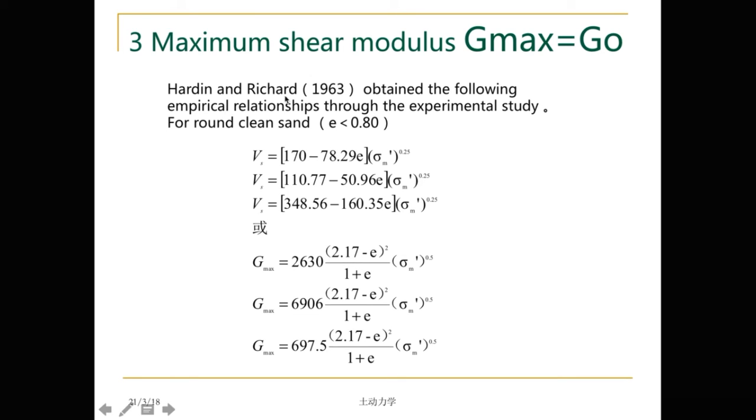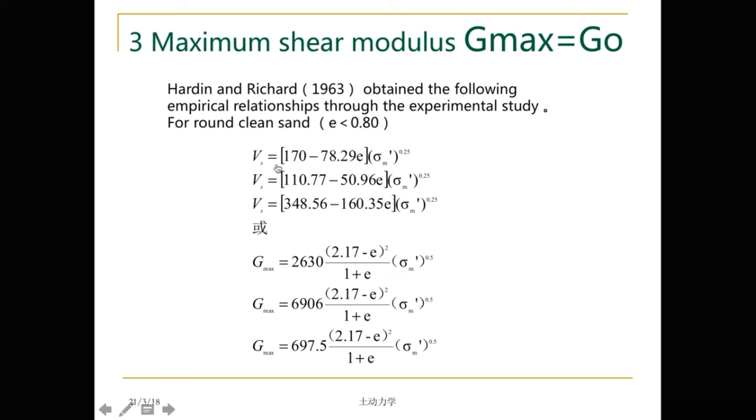Hardin and Richart obtained the following empirical relationships through experimental study, for round clean sand with water ratio e less than 0.8. They proposed this in 1963.